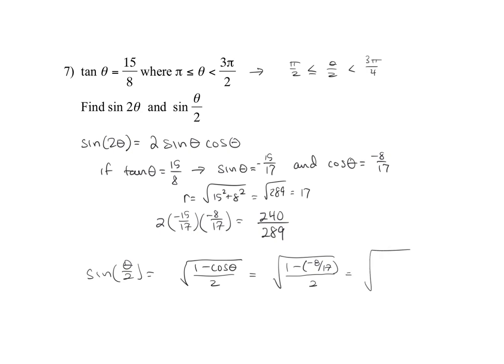So 1 minus negative 8/17 is 25/17. So then 25/17 divided by 2 is 25/34. So it's 5 divided by the square root of 34.